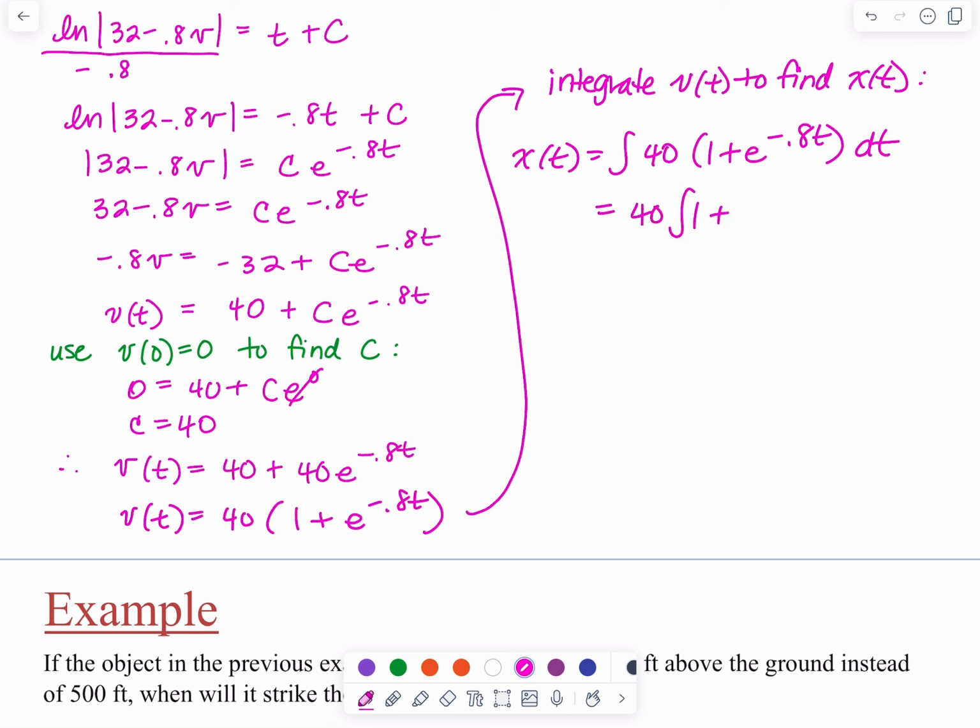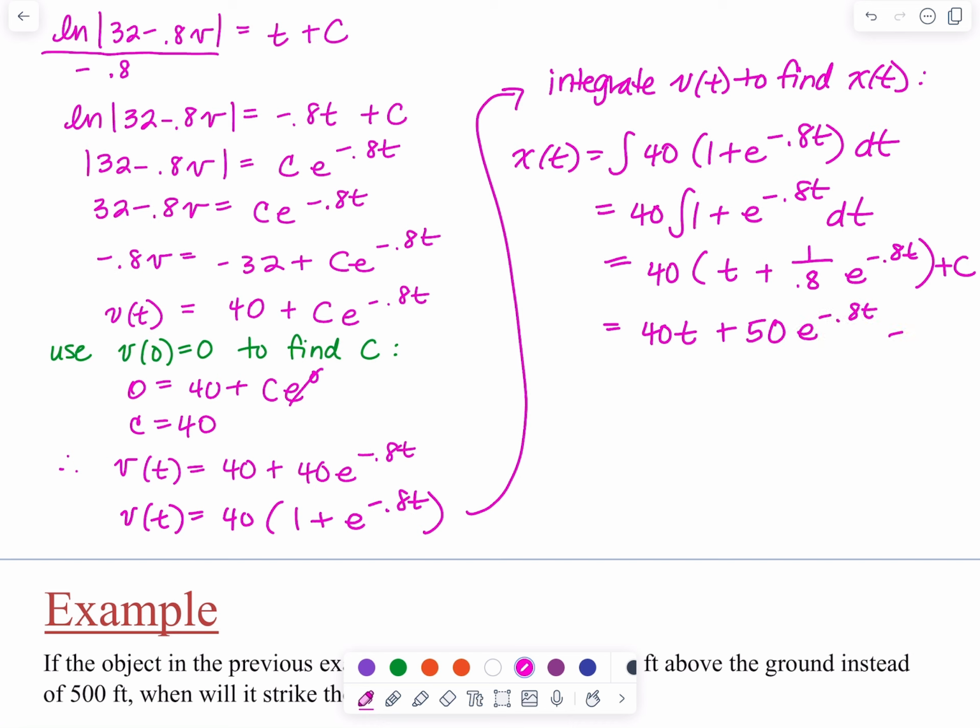Let's go ahead and have our 40 on the outside. And we have 40 multiplied by t plus 1 divided by 0.8 e to the negative 0.8 t plus a constant. So we have 40t plus 40 divided by 0.8, which is 50, e to the negative 0.8 t plus a constant.